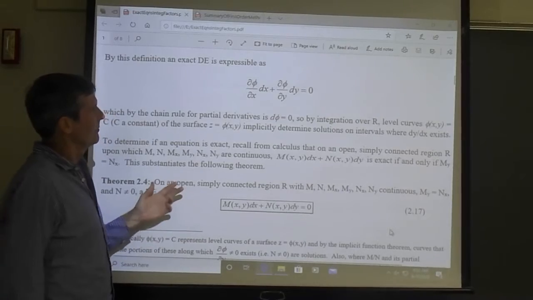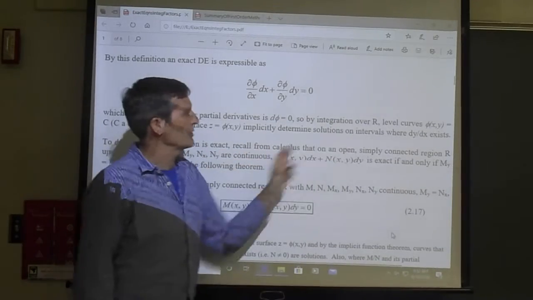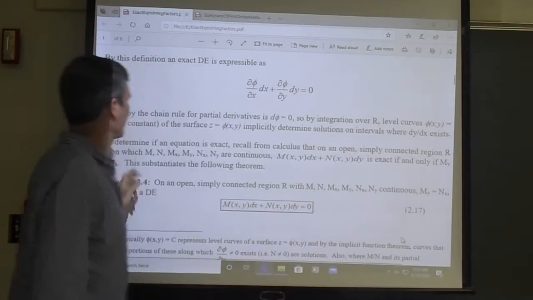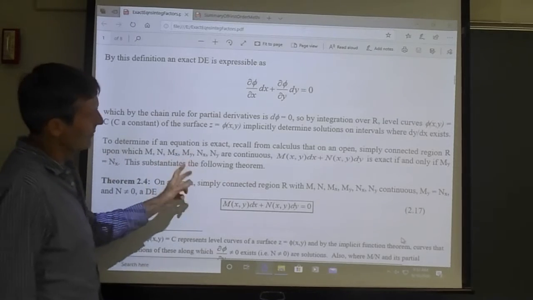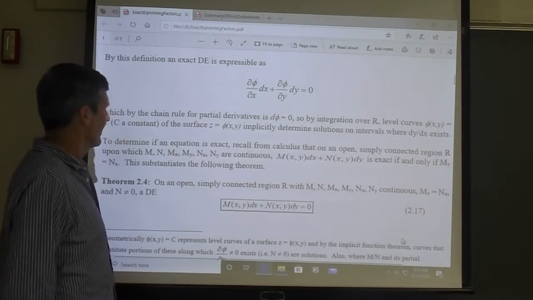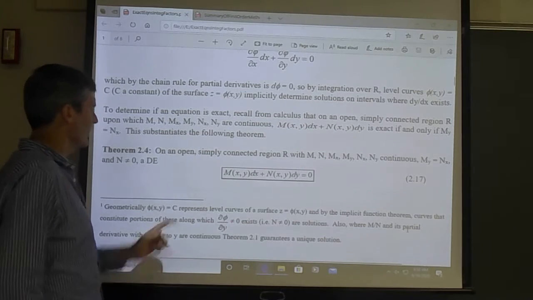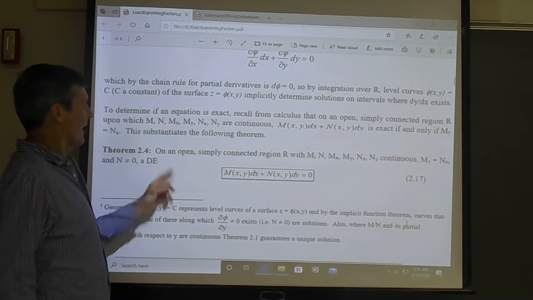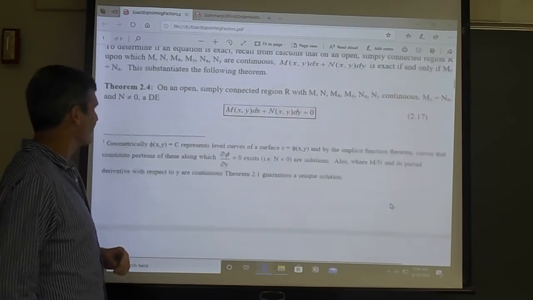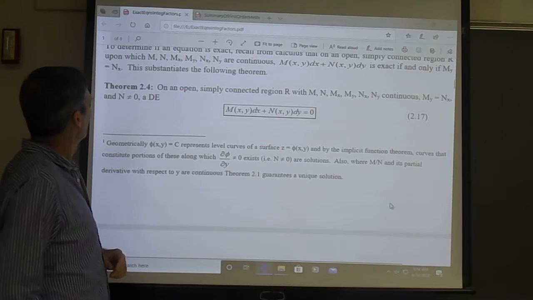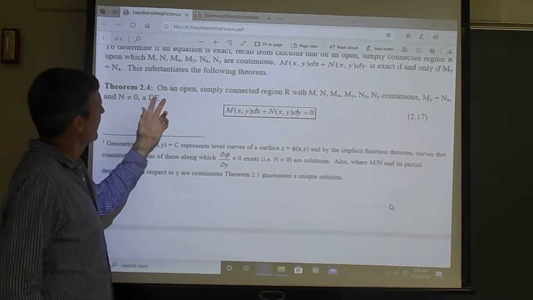So this will be an exact differential if and only if My equals Nx, in which case phi xy and phi yx are equal by calculus, the end of calculus. Consequently, we have this theorem.